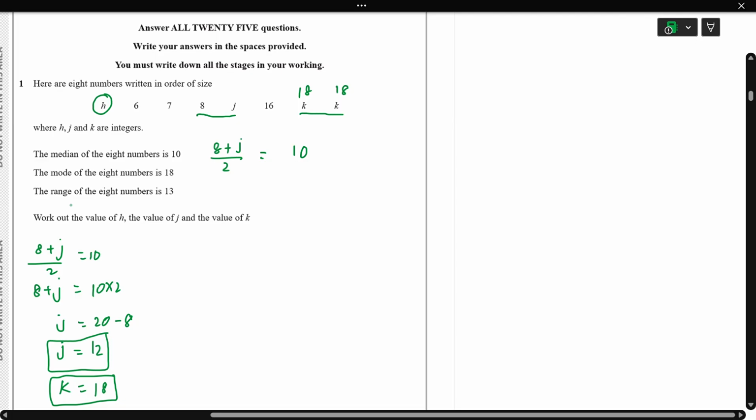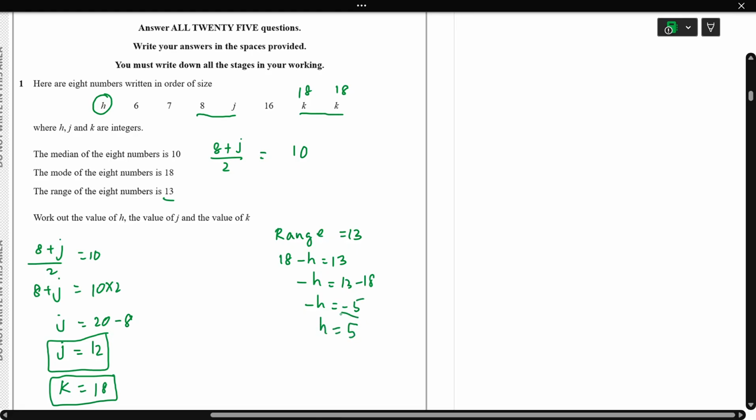Next we need to find H. The range of the 8 numbers is 13. That means 18 minus H equals 13. Range is the highest number minus the lowest number. So minus H equals 13 minus 18, which is negative H equals negative 5, so H equals 5.